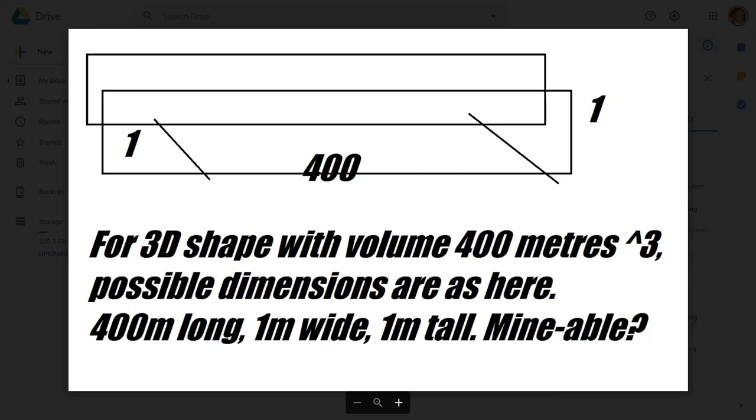You don't want to be causing slides and collapses and problems like this, even taking any amount of rock out.